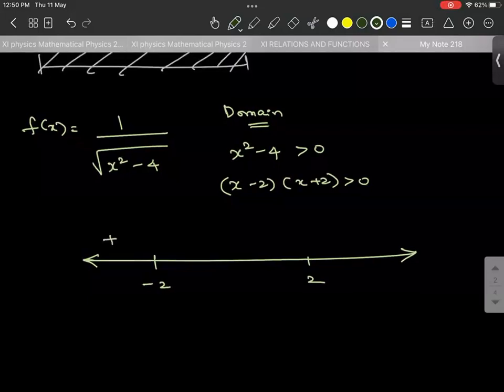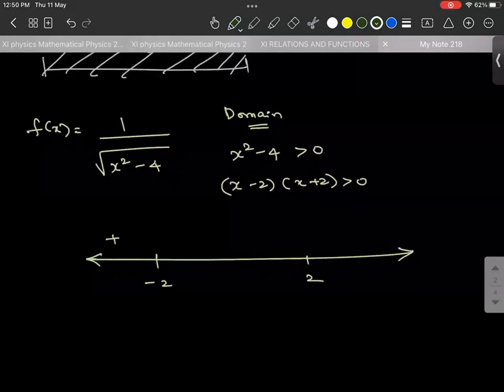If you substitute a number between minus 2 and 2, you get a negative number. A number greater than 2 gives a positive number. So I need those values of x for which the product is positive.